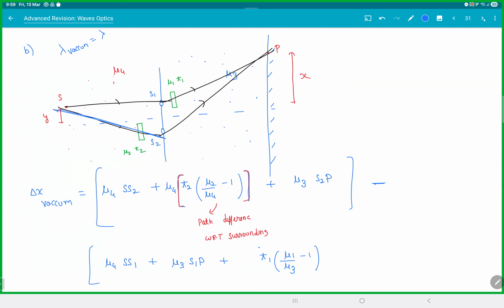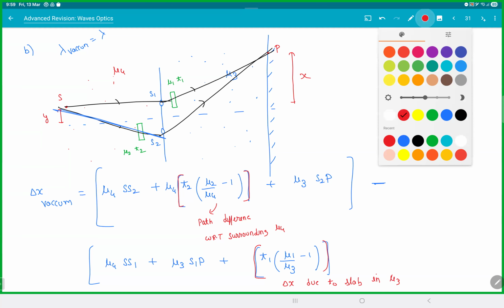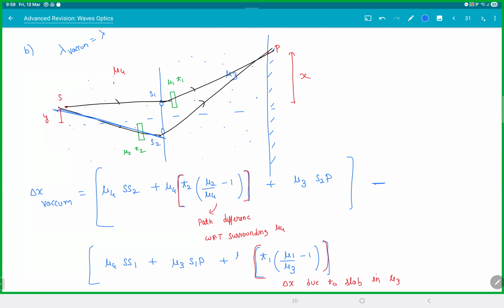This is the path difference in mu3. This term here is delta x due to the slab in mu3 medium, but I don't want mu3 medium. What I want is the surrounding medium, so into mu3. There. This is your path difference. Please have a look at this.